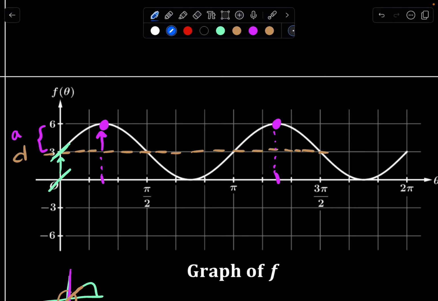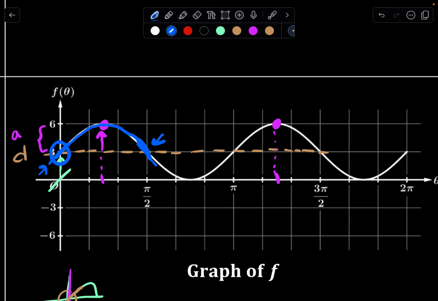If we look at 0 here, we see that we are increasing through the midline, okay? Which means the next time I see this happen again, that's going to be the start of a new cycle, because that's the end of the one I'm currently in. So with this one, I'm increasing through a maximum, and now I'm passing my midline again, but I'm now decreasing through that midline, all right? So it's not the same event as what occurred at 0. At pi over 2, we are decreasing.